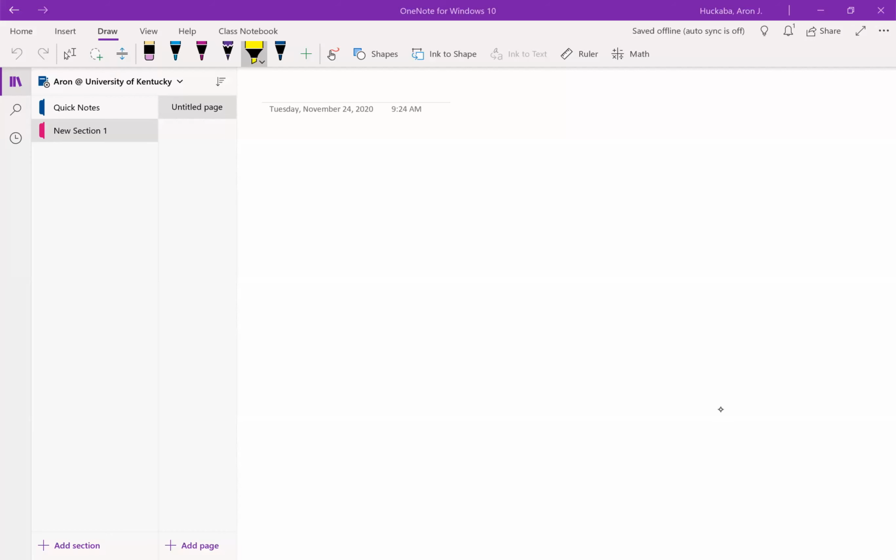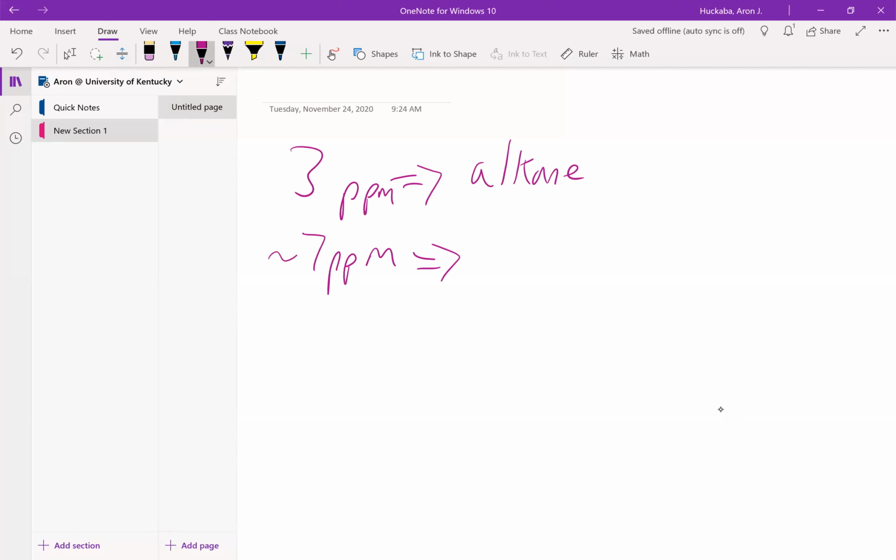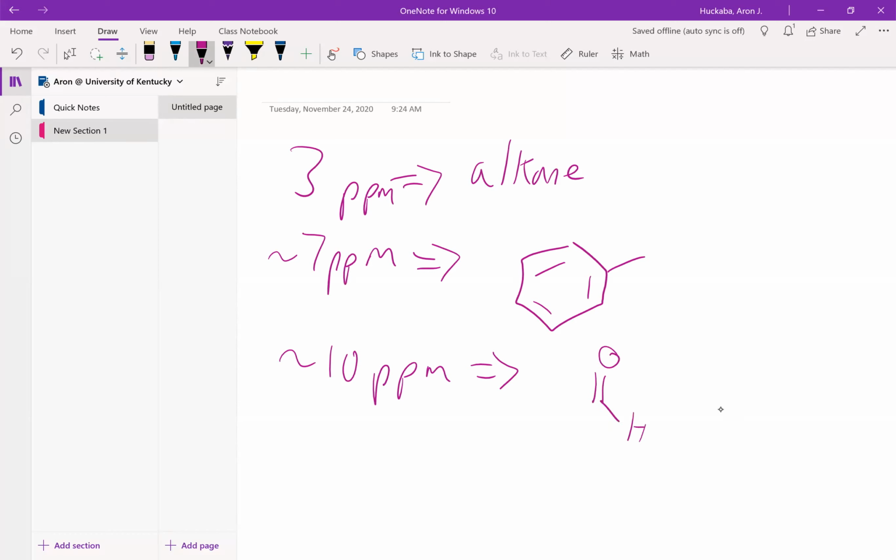Okay. So what we have is the signals around 3 ppm, some kind of alkane, the signals around 7, probably some kind of monosubstituted benzene, and the signal around 10 ppm was a signal of an aldehyde.